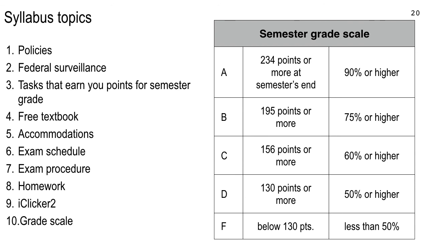All right? That's just the traditional grade scale in this class that they told me to use back when I first started, and we still use it. All right. So, any questions about grade scale stuff?